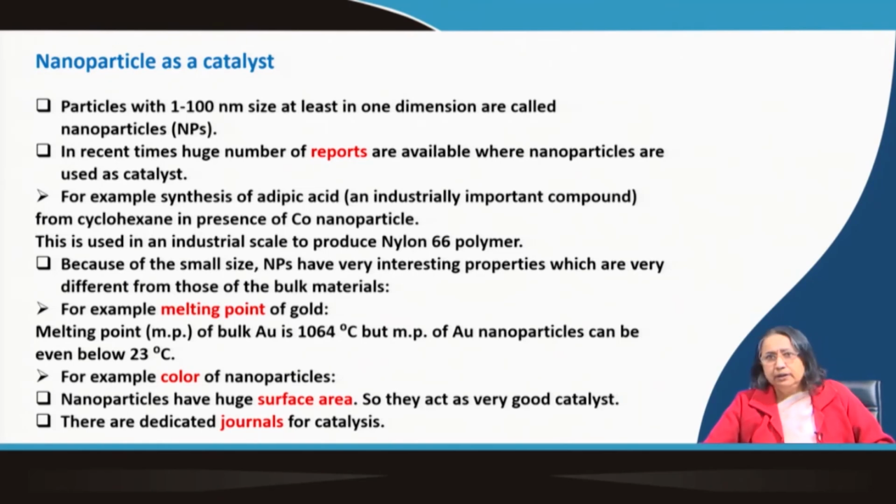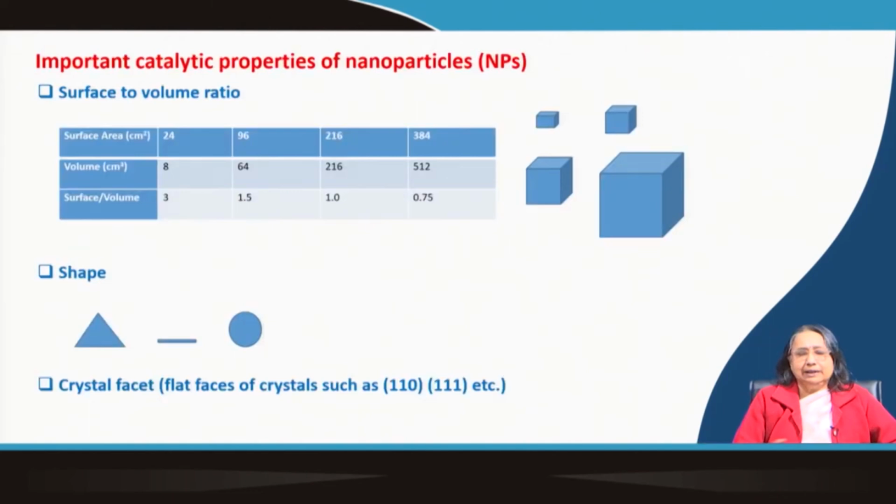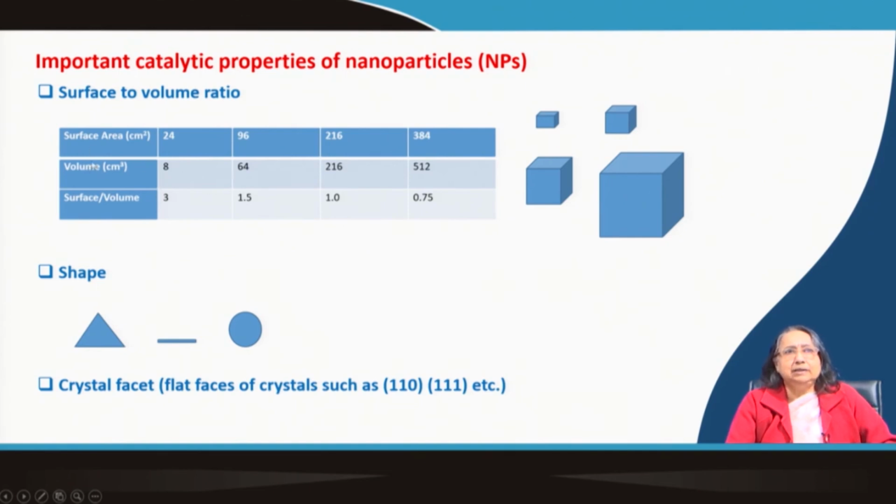Now, when I am talking about nanoparticles, you can see here how the volume, the surface to volume ratio and the surface area are related. Here we have small cubes, then bigger than this, then bigger than this. How are these three properties changing when you increase the size?